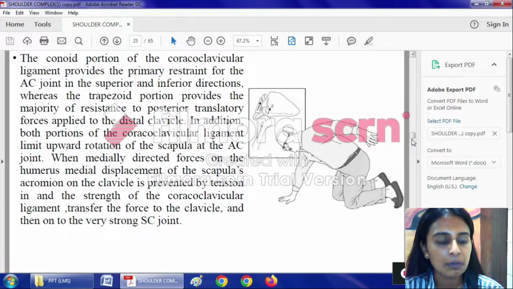In addition, both portions of the coracoclavicular ligament limit upward rotation of the scapula at the AC joint. With medially directed forces on the humerus, medial displacement of the scapular acromion on the clavicle is prevented by tension and the strength of the coracoclavicular ligament, which transfers the force to the clavicle and then to the very strong SC joint.